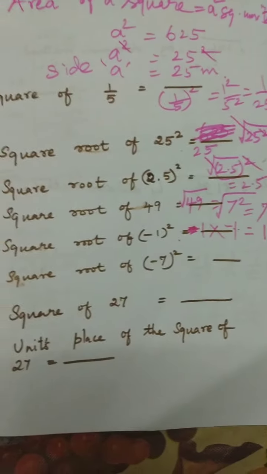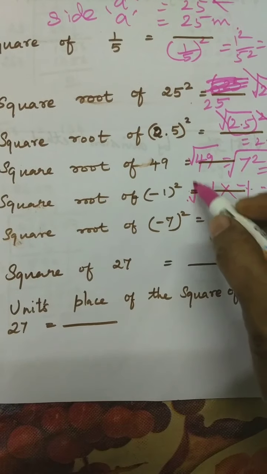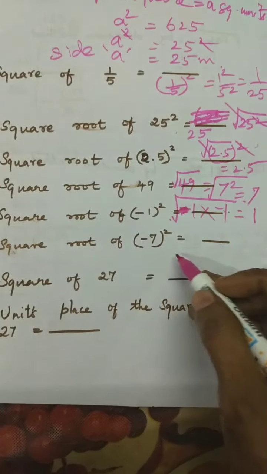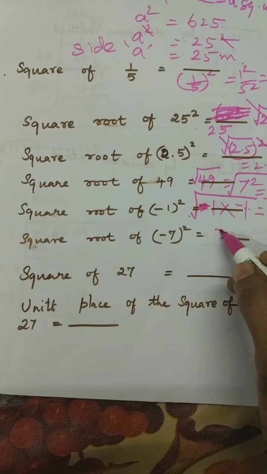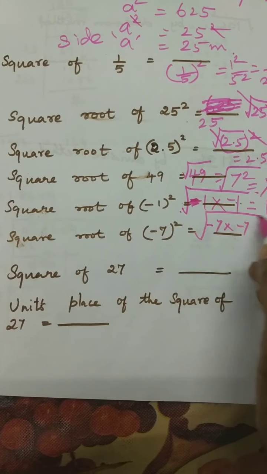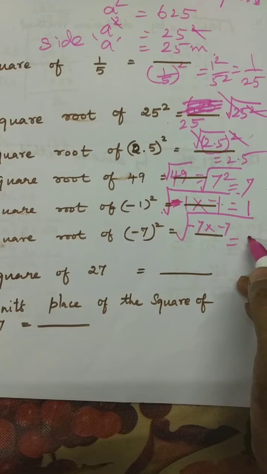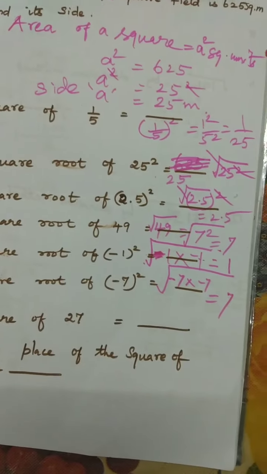So the answer is 1. Then the square root of minus 7, the whole square. Minus 7 into minus 7 within root. So it will come as 7, because minus and minus becomes plus.